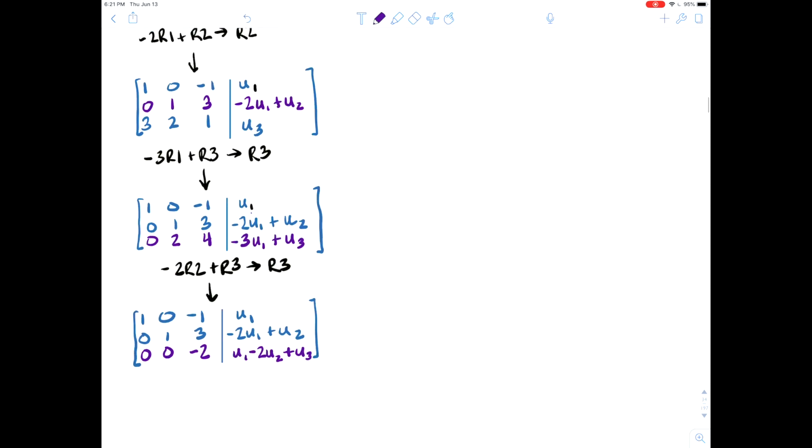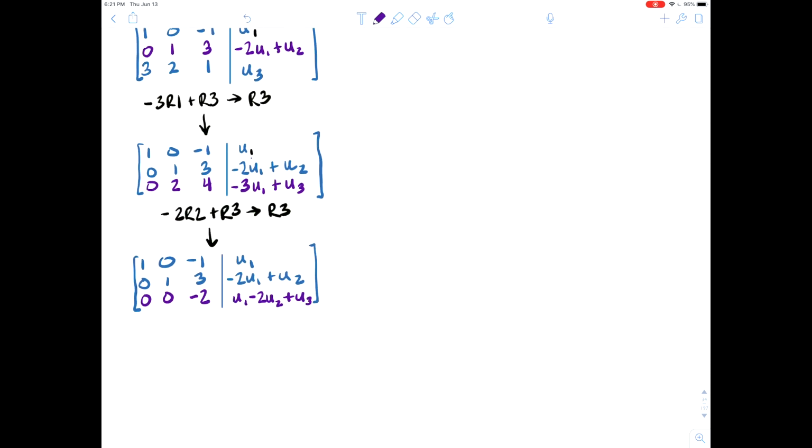Cool, cool. All right, so now what we want to do is, you can either put this back into the system now, or you know what? Let's just get this into Gauss-Jordan, right? Or at least close to Gauss-Jordan, so that it'll be easy for us.